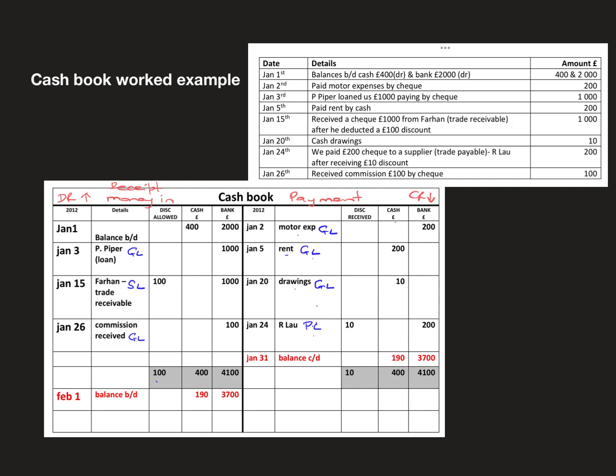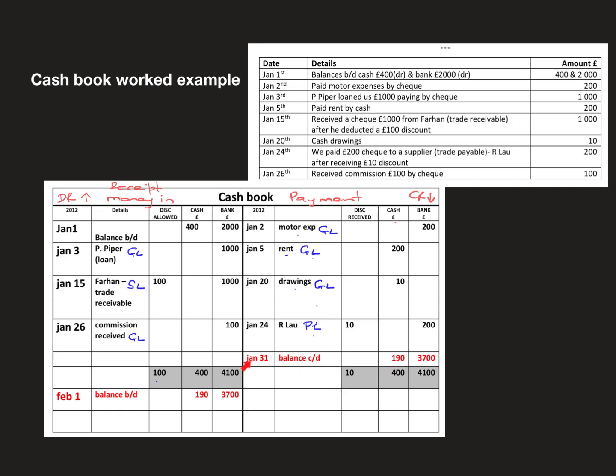The cash column, when I look at the debit side, shows that the total is 400. So the debit side for cash is 400. When I check the credit side, it was 210. So 200, which I paid for rent, and the drawings for 10. Subtracting that from 400 leaves me with 190. So therefore my balance c/d is 190.